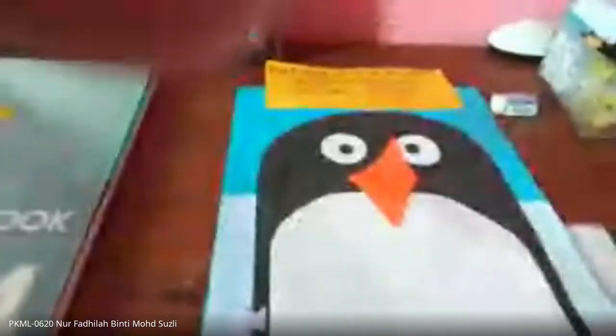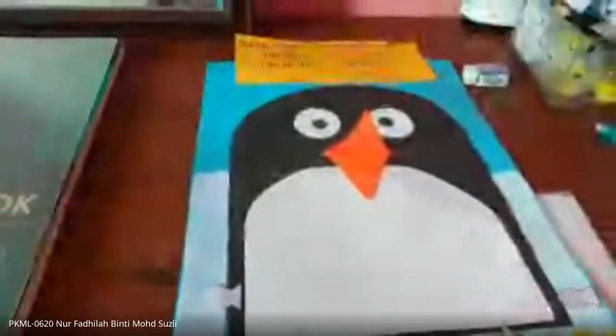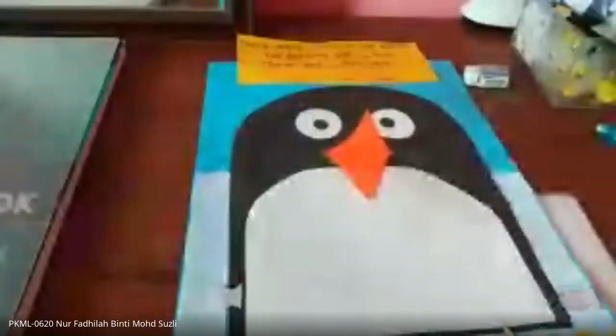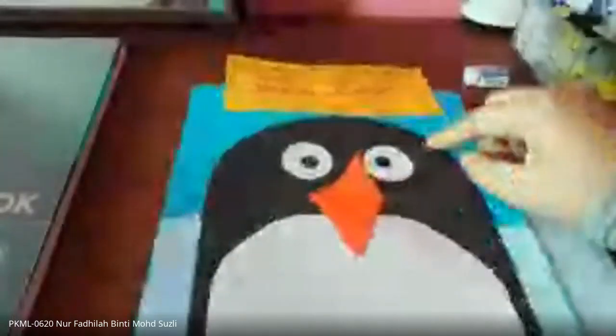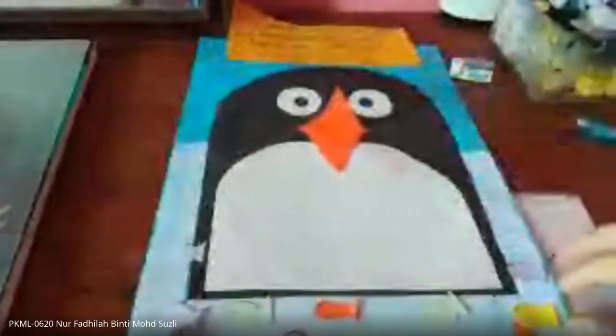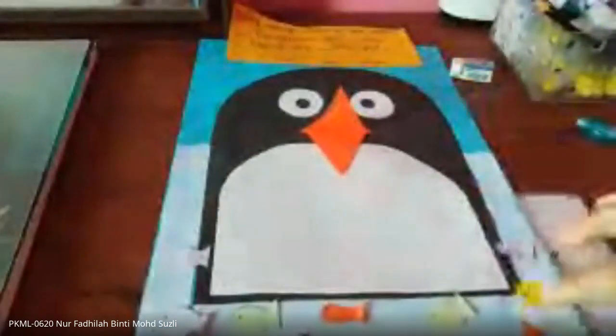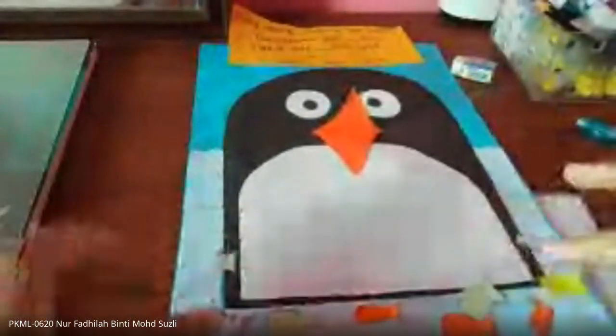Okay, this is Feed a Hungry Penguin. With this hungry penguin, students can learn how to subtract, and this is the story for this. For example, there are 1, 2, 3, 4, 5, 6, 7, 8, 9, 10 fish.